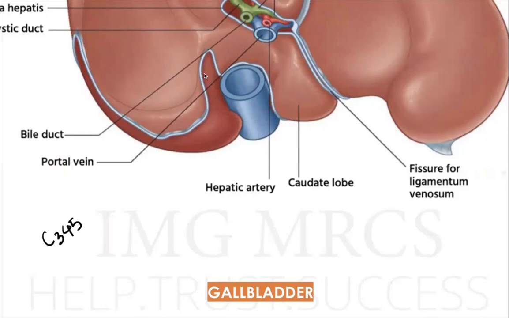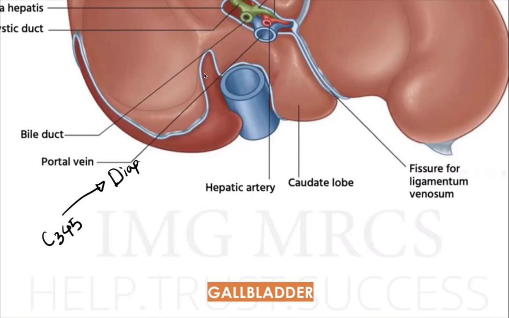Here, first of all, whenever the gallbladder is inflamed, it comes in contact with the diaphragm, correct? And the nerve supply of the diaphragm is the phrenic nerve. Remember, C3, 4, 5 keeps the patient alive. Now, when the diaphragm gets irritated, there is pain in the shoulder tip.